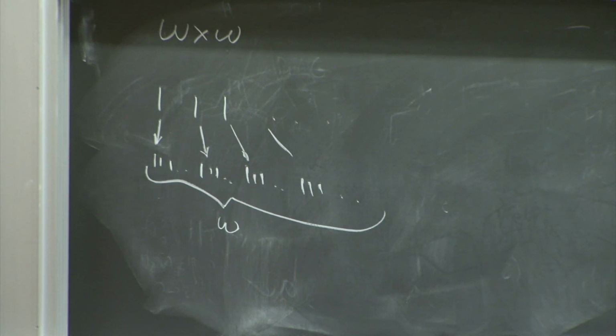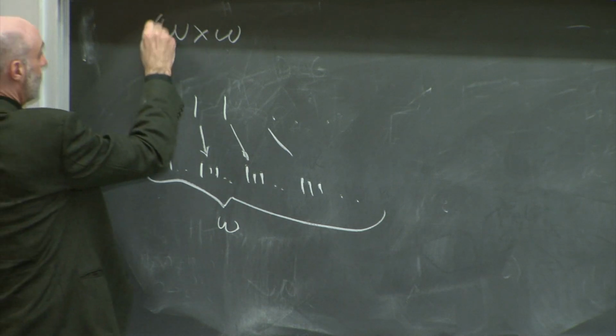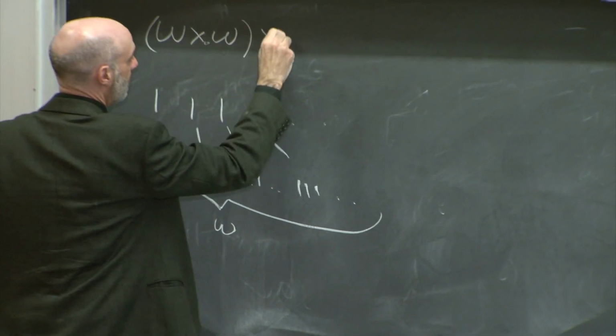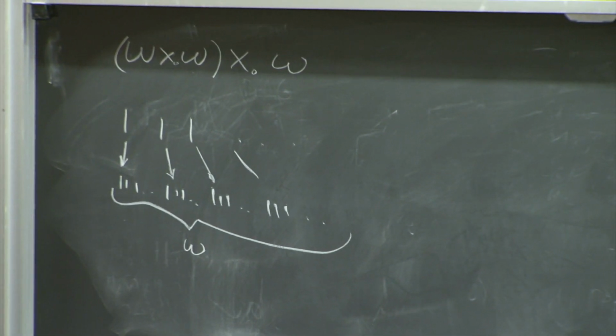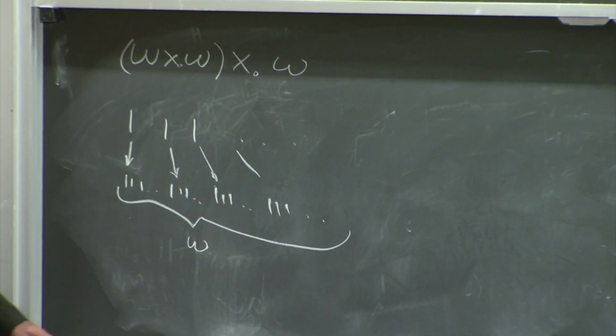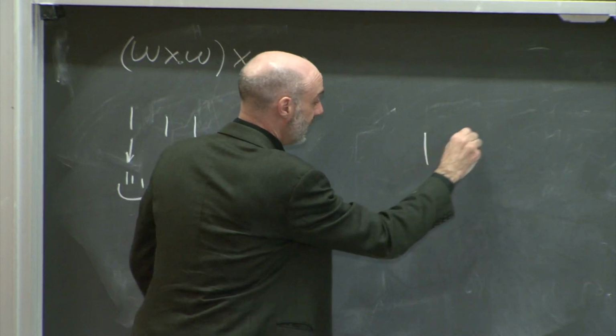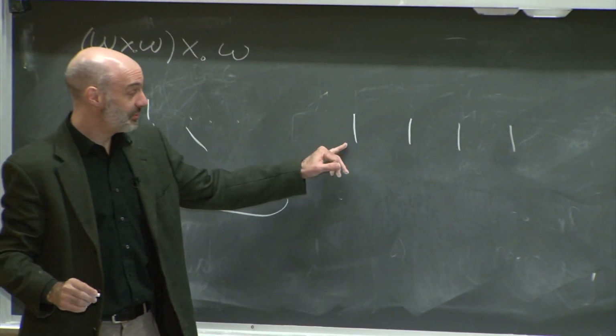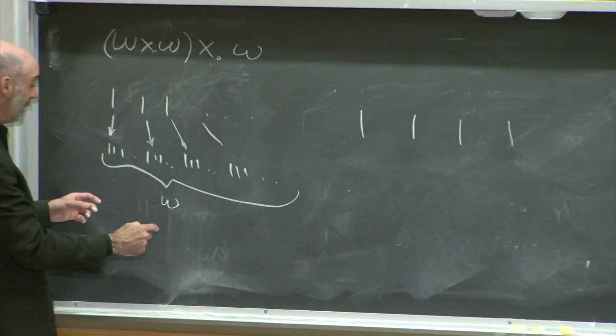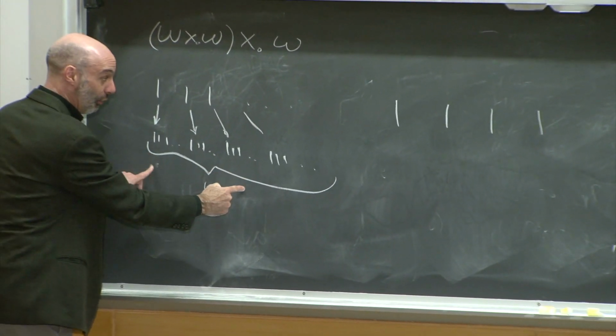And then for omega times omega times omega, what you do is you start with an omega sequence, and for each position here, you put in that whole beast.